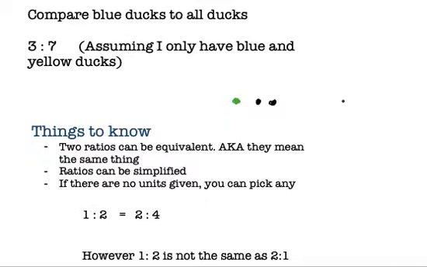Let's also do another example where I had 4 black balls and 2 green balls. So in here, my ratio, for example, would be 1 green to 2 blacks. In this example, I have 2 greens for every 4 black ones.